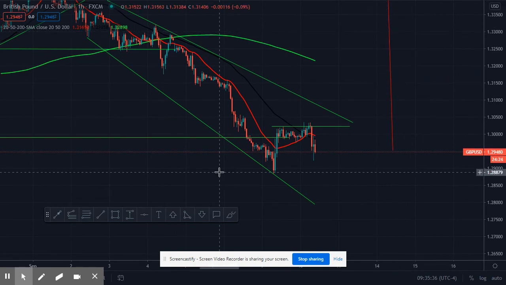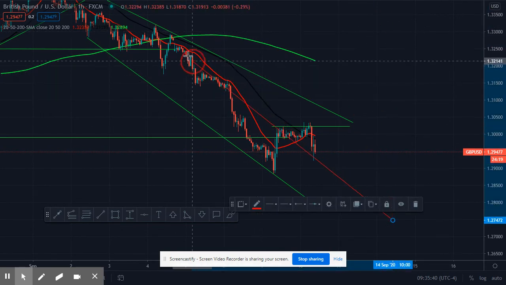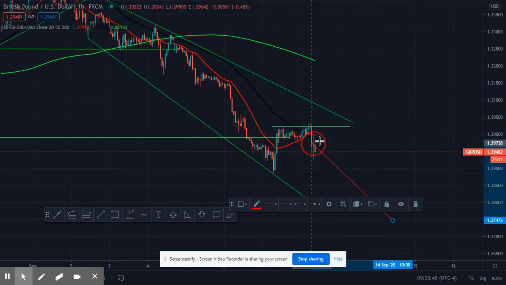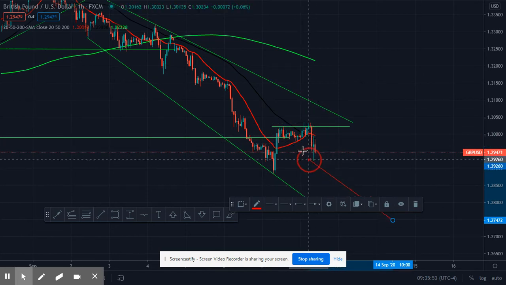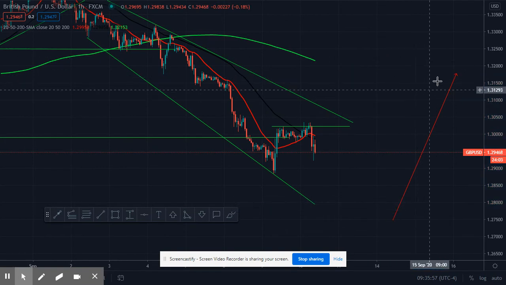Look at this long leg, and then you got this. Somebody could argue that this is a flagpole, and this is the flag, but it's in a bear. So that's probably why you're getting a downward pressure. It's not ideal, but you get what I'm saying.